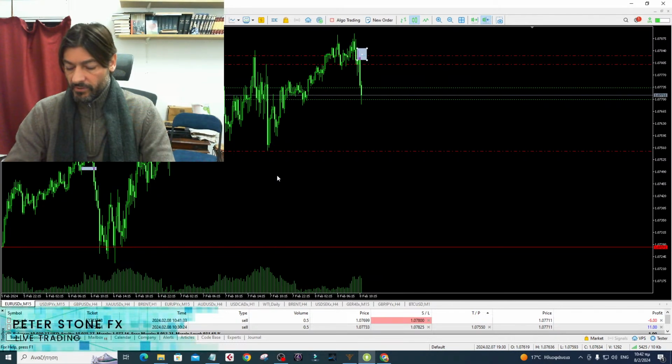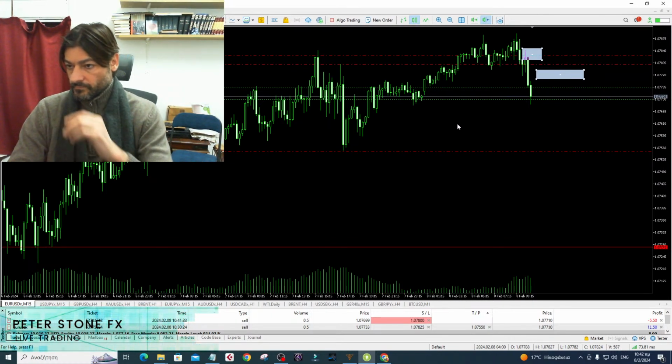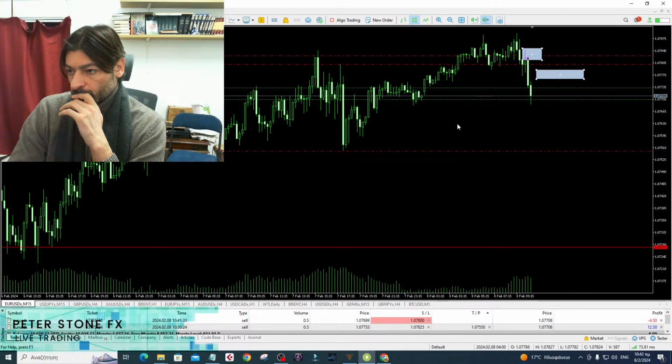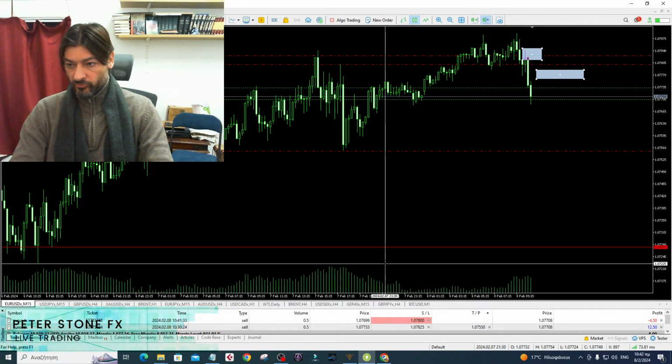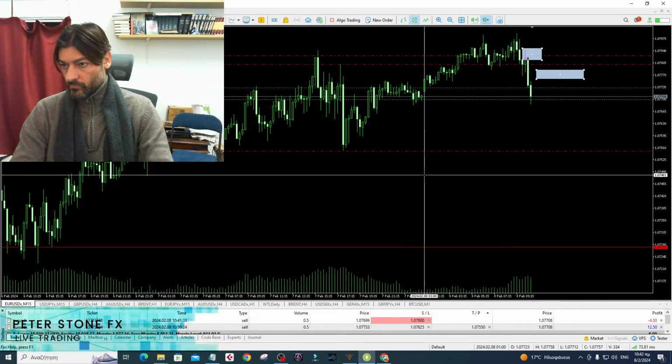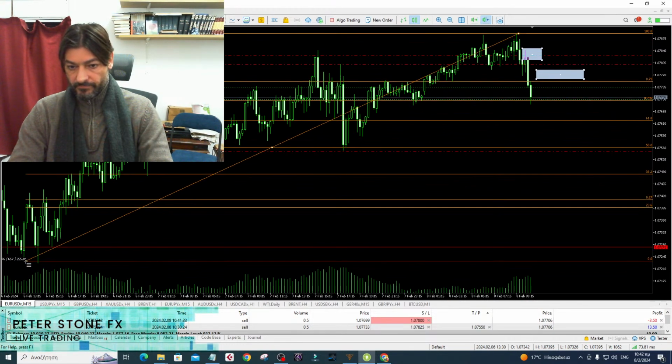So in the 15-minute, yeah, it has created a fair value gap, which it will touch afterwards. So one of two positions, I will make it, let's see, the Fibonacci, this is the 15-minute time frame.